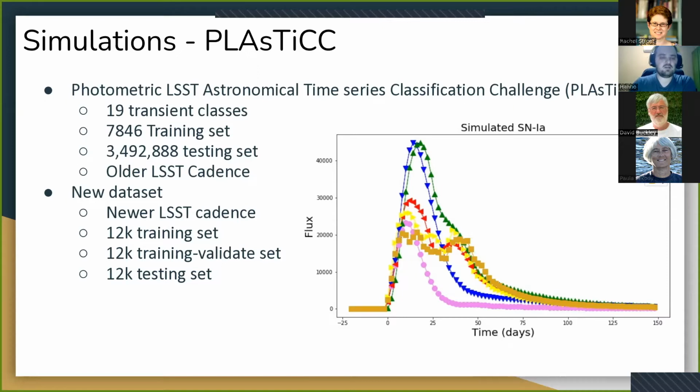But this data set was constructed using the older LSST cadences, and so we had very little feature space to work with. The new data set that I created, I used the newer LSST cadences, but used the PLAsTiCC models that they used to construct their database.